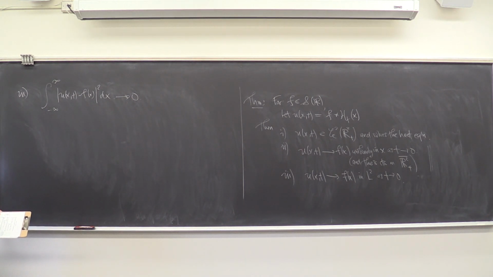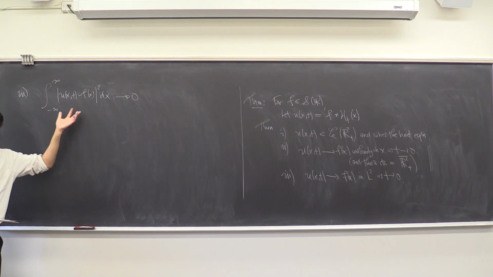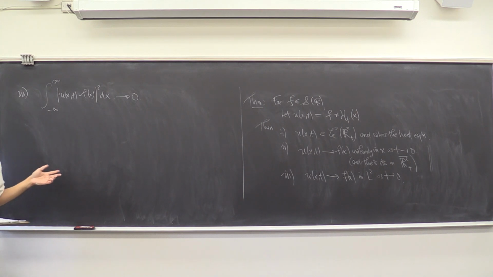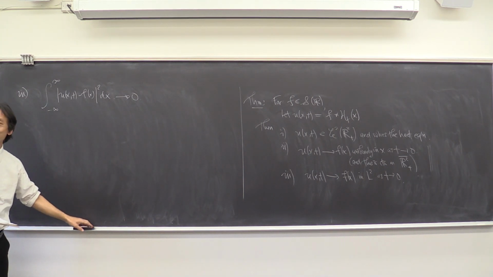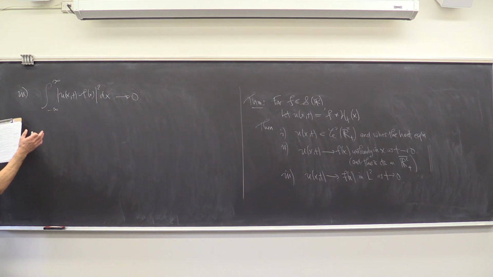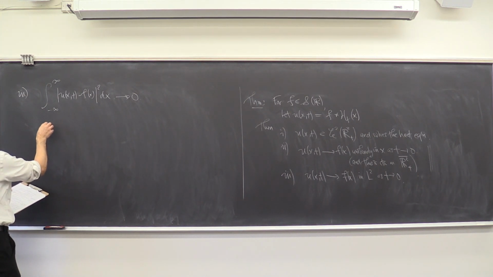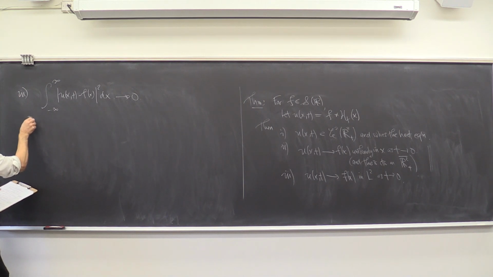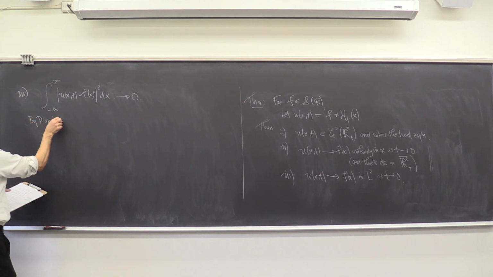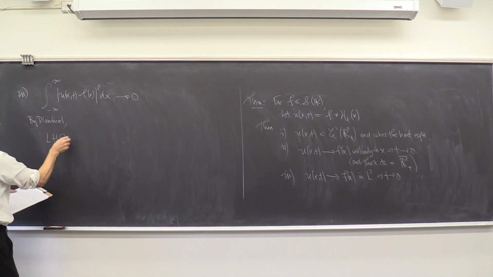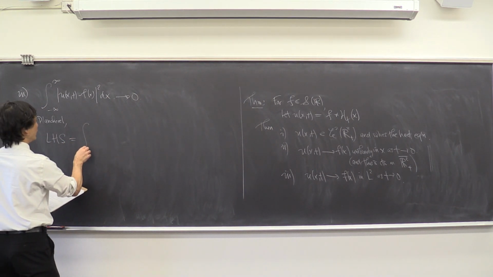Okay, and so again we pull out a trick, which is instead of looking at this thing, we're going to look at it on the Fourier transform side. It's kind of the moral of all of this: everything is better on the Fourier transform side. If you have a problem, just move it over to the Fourier transform side, and maybe it's easier to deal with over there. And in this case, it is. So let's take the Fourier transform. By Plancherel, the left-hand side equals the L2 norm of the Fourier transform.